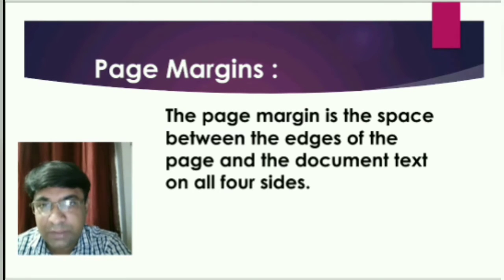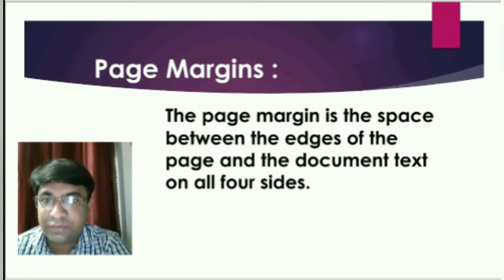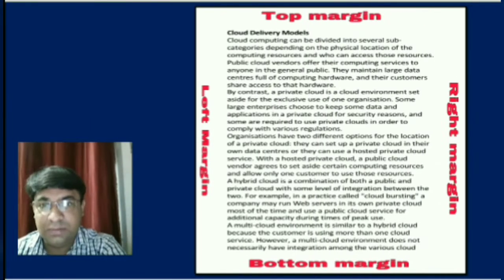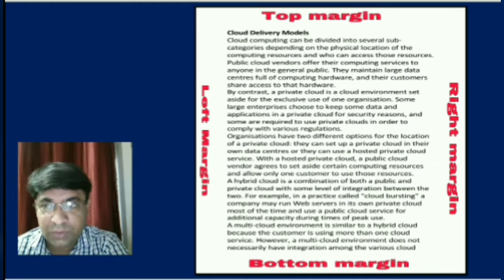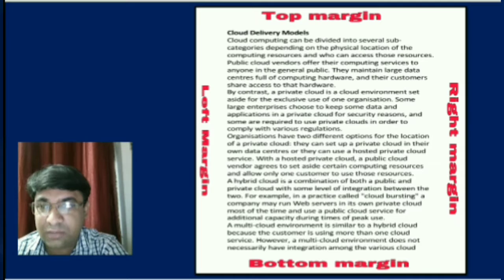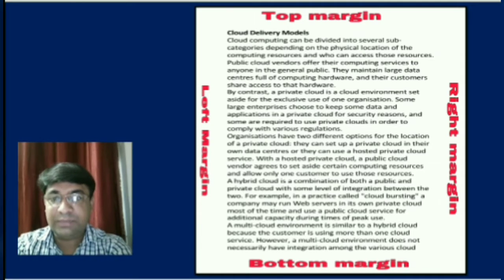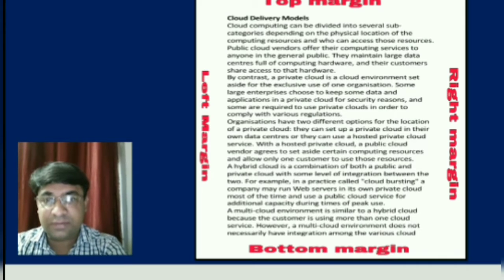So students, the page margin is the space between the edges of the page and the document text on all four sides. Page margin refers to the blank space around the edges of the page. You can see that in the diagram. The space seen on all four sides of the page is called the top margin, bottom margin, left margin and right margin.